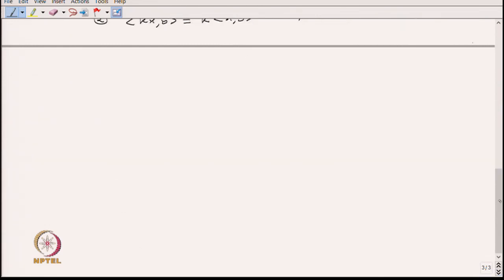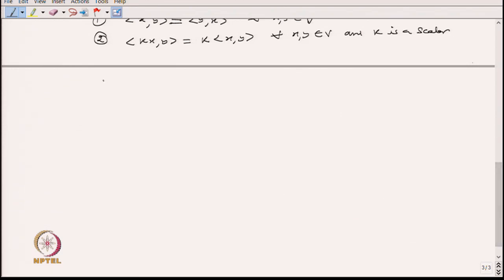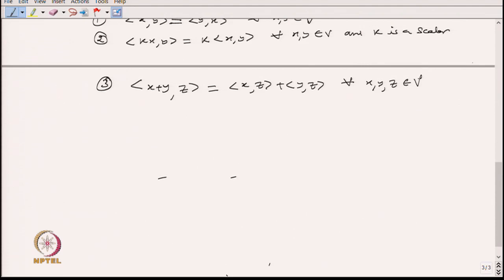The third property is that if I have the summation of two vectors and I take the inner product with z, then I should get the inner product of x and z plus the inner product of y and z. This should be true for all x, y, z belonging to V.